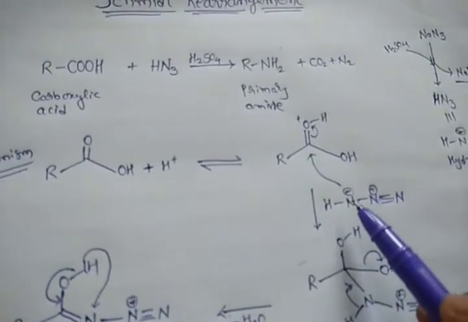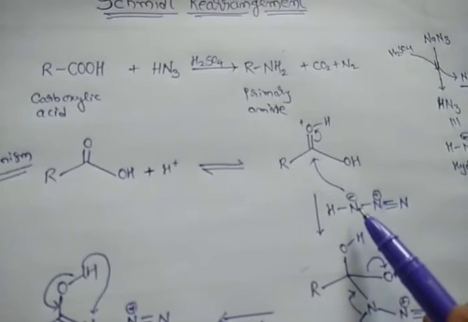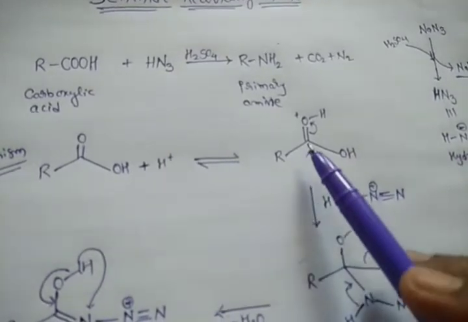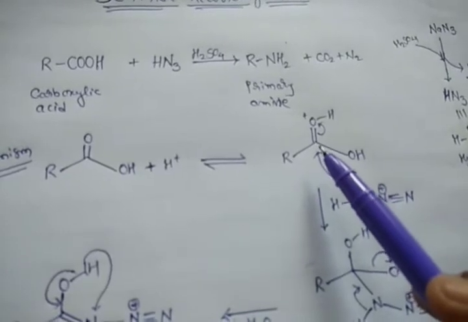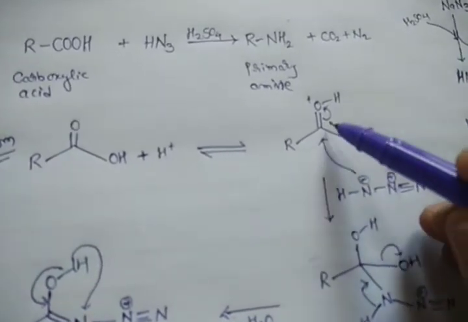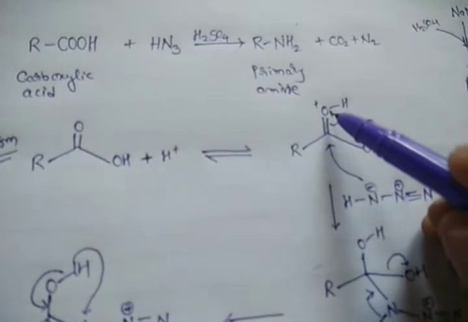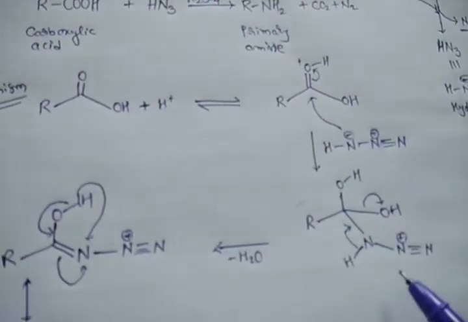then this negatively charged nitrogen in the hydrazoic acid will attack the carbon of this protonated carboxylic acid, by migrating one of the pi bonds to the oxygen, and we will have such a type of intermediate.